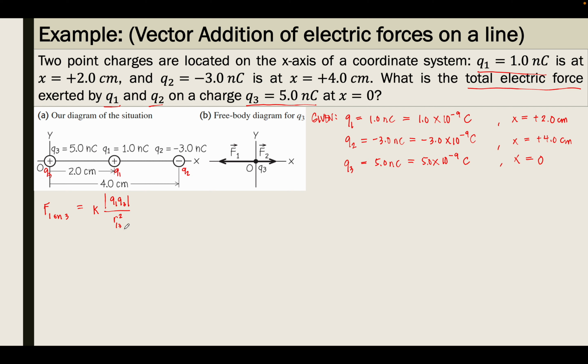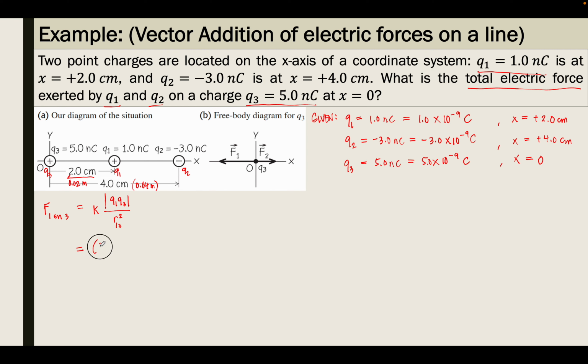R13 is the distance from Q1 to Q3, which is located here as 2 centimeters. If you convert 2 centimeters, it is equal to 0.02 meters, and 4 centimeters is 0.04 meter. Okay, so let's solve this first.